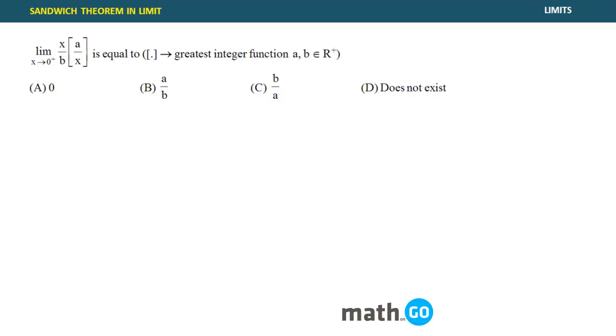The question is limit of x by b, where x approaches 0 positive. That means you are approaching from the positive side. You want to find the value of this particular limit, and mind it is having a GIF also. So this is a very interesting problem, and we'll also understand how do we solve GIF. Okay, so let me make sure first of all what is the concept involved.